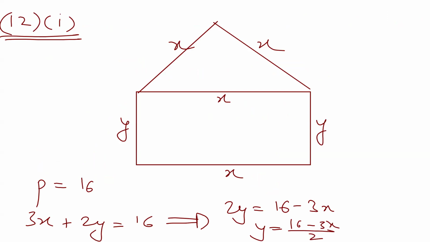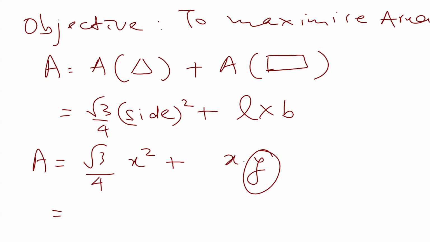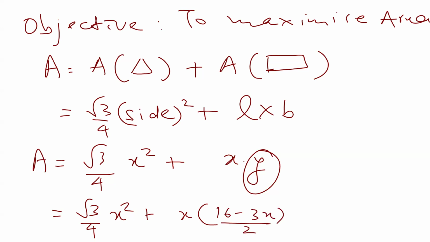That value I'm going to put on the next page where there is y. You can write along with me, practice along with me. Be focused. x into 16 minus 3x upon 2. Now we are going to simplify this.